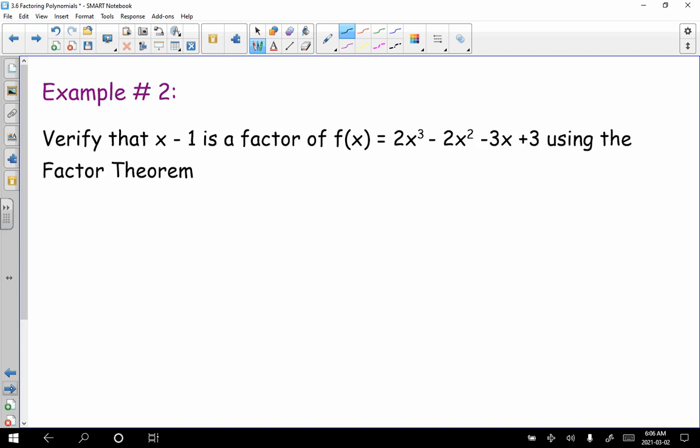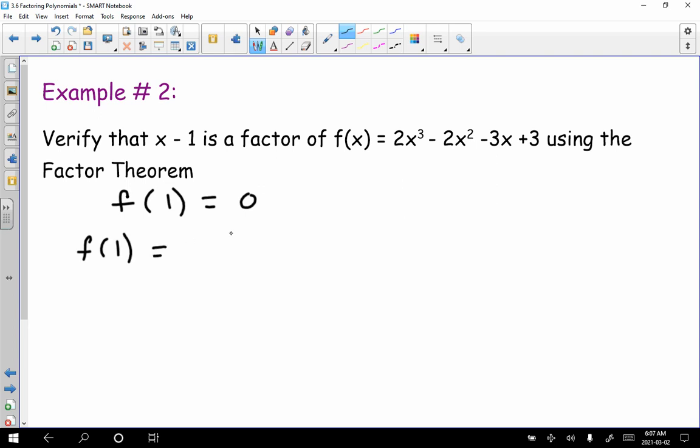So now we are going to try an example. Verify that x minus 1 is a factor of this function using the factor theorem. The factor theorem says that if x minus 1 is a factor of this function f of x, then f of 1 should equal 0. So let's check, is f of 1 equal to 0?